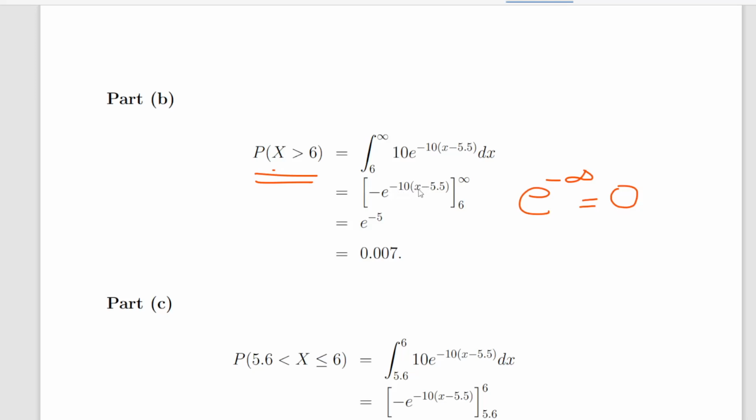So 10 times 0.5 is 5. So what we're left with is 0 minus minus e to the minus 5. A bit of calculator work, essentially that is e to the minus 5, and that becomes 0.007.